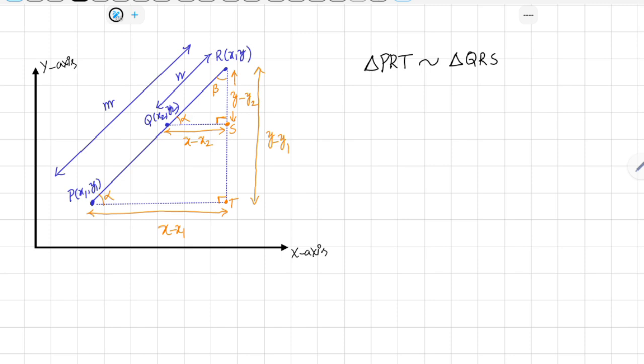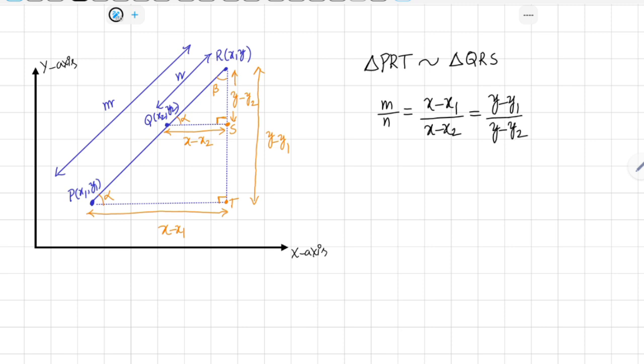So first I will write the parameters of bigger triangle on the numerator and the parameters of the smaller triangle on the denominator. So m by n is equal to (x minus x1) by (x minus x2) is equal to (y minus y1) by (y minus y2).